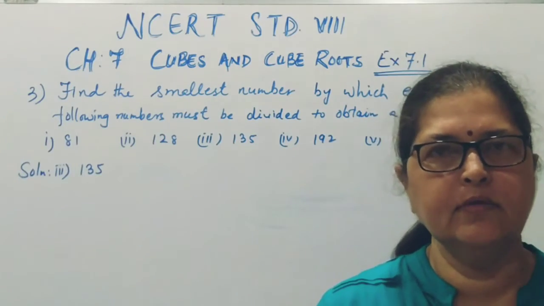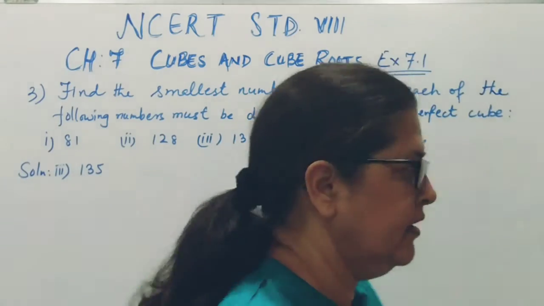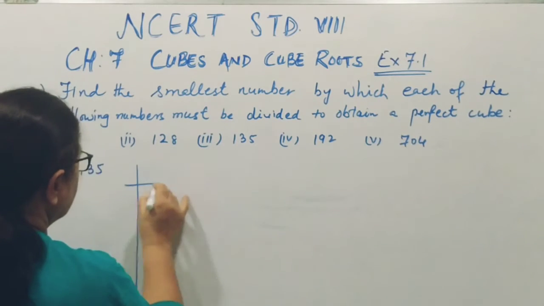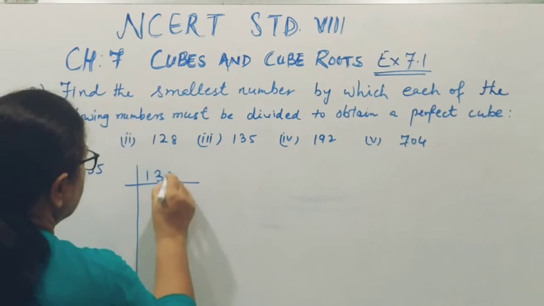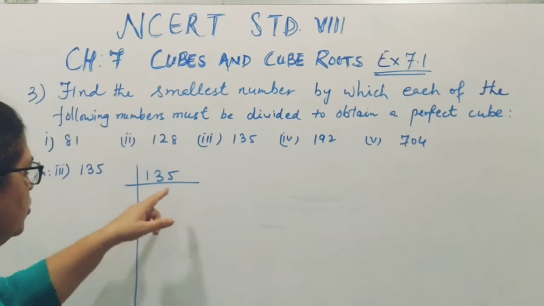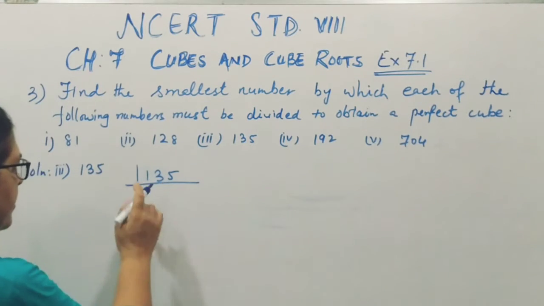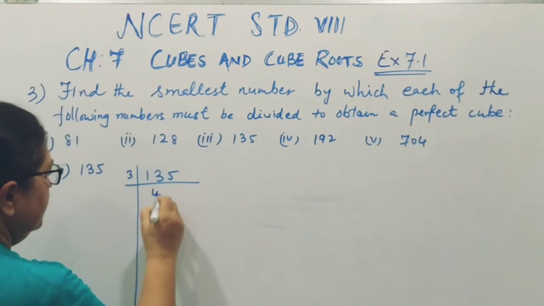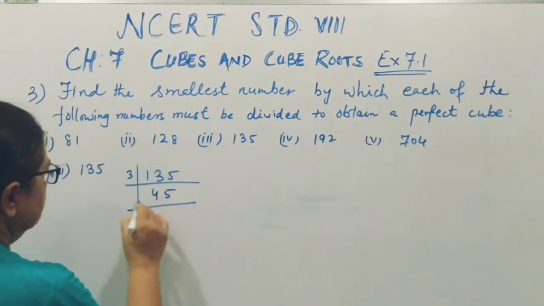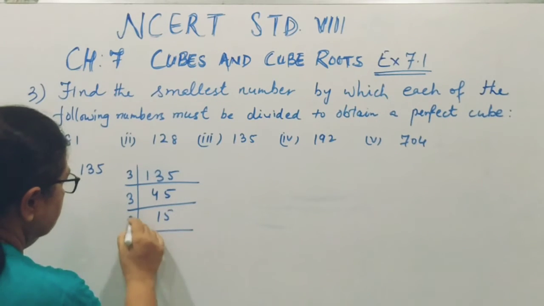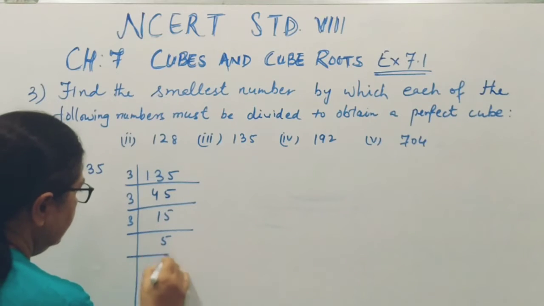Third part, the number is 135. Let us factorize it. It's an odd number, so it's not divisible by 2. Let us check the divisibility by 3. Yes, it is divisible by 3. So it is divided by 3, then again by 3, again by 3.